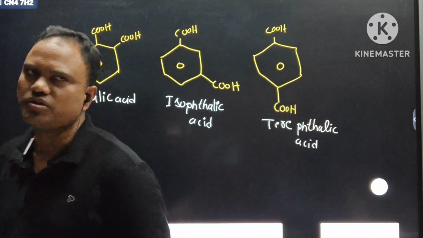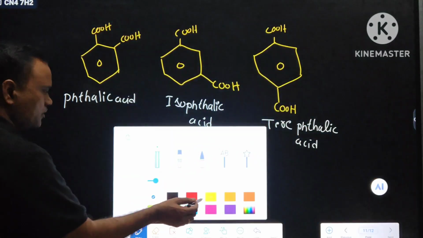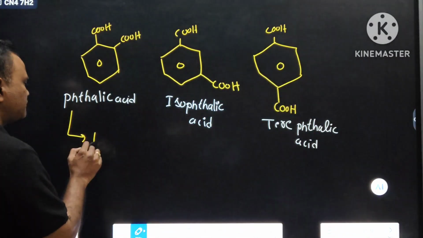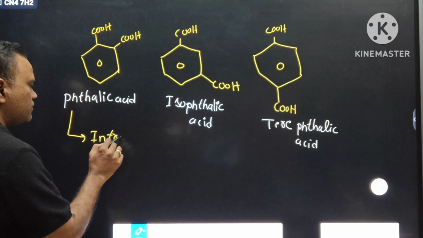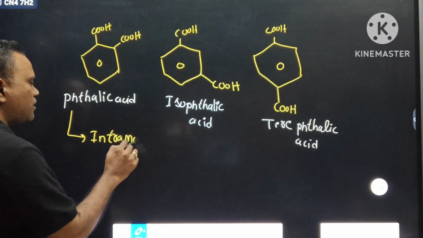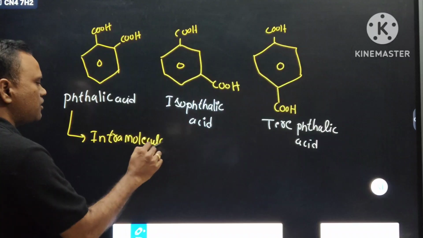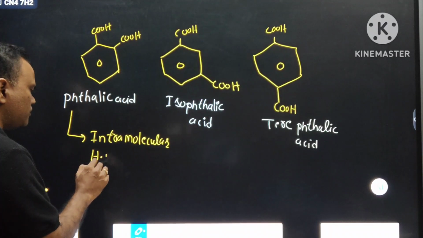Phthalic acid, because two COOH groups are present in the ortho position. Which type of hydrogen bond is present? Intramolecular hydrogen bond is present.